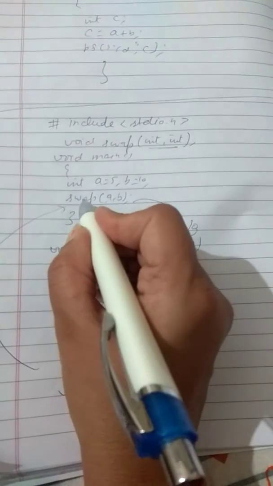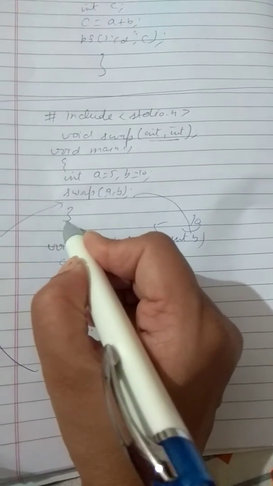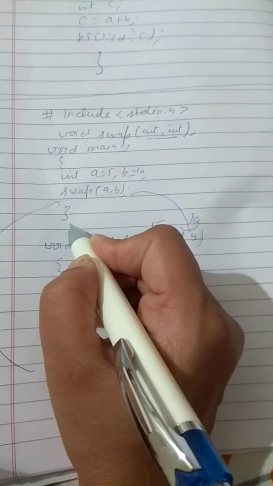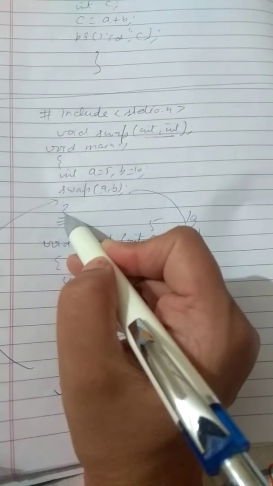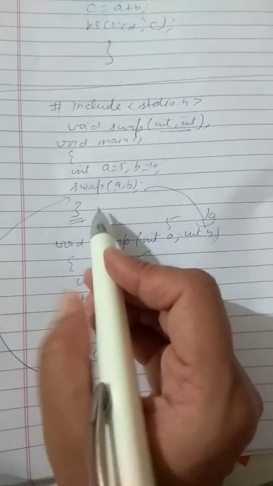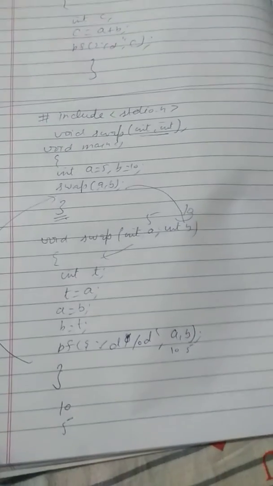Next line after the calling function, here nothing is there. Here then what is there? Close curly bracket. So the process will get terminated. Once the compiler sees the close curly bracket of the main function, at that time it will stop the execution and it will give you what output on the screen? 10 and 5. Thank you.